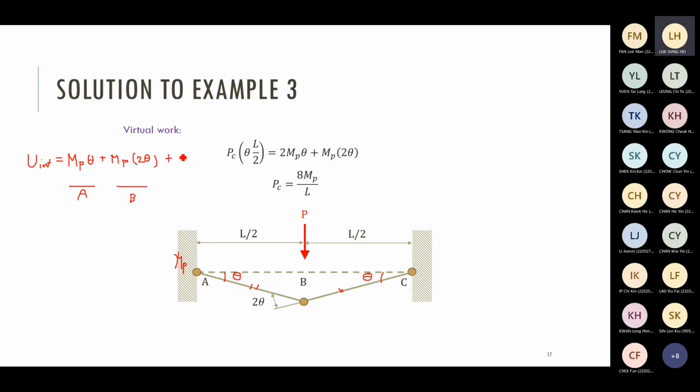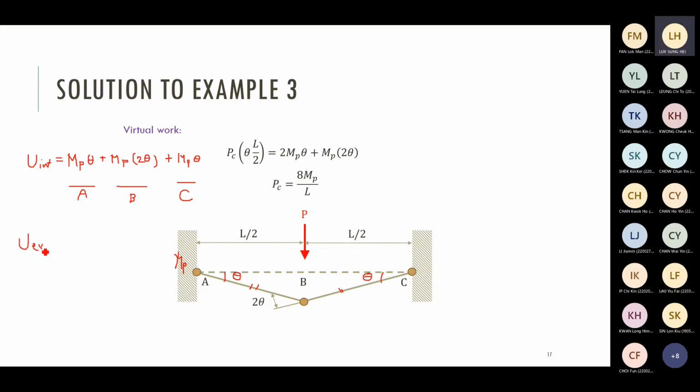Plus the plastic work at point C, which is actually identical to the plastic work at point A. A and C are identical. So when you read the solution, I directly combine the effect of A and C together. So the total internal work is 4 MP theta.